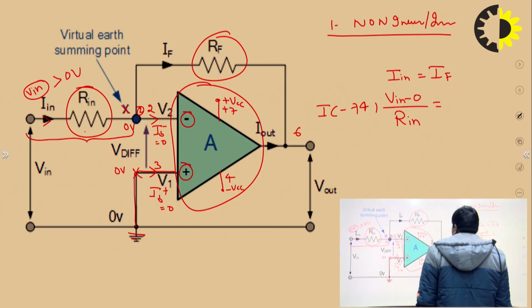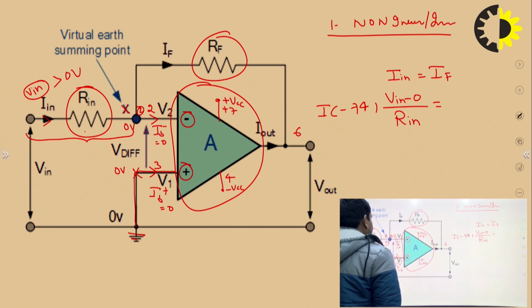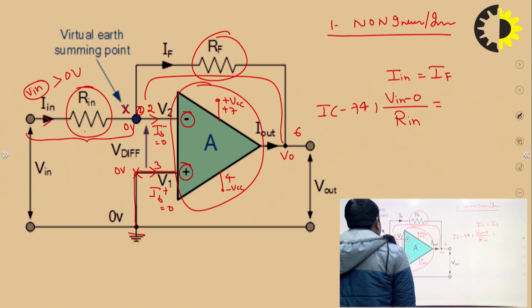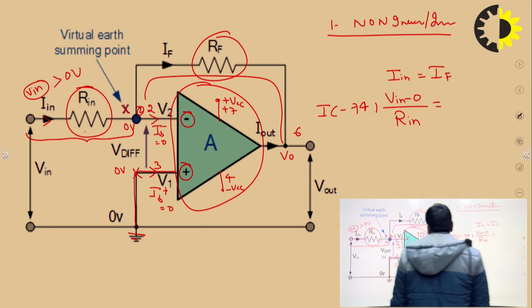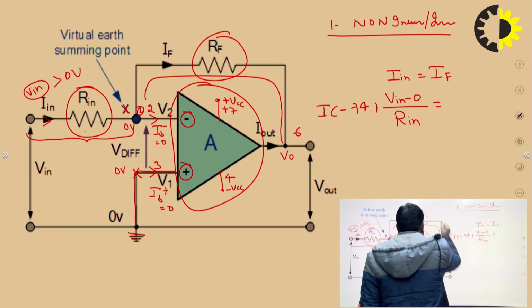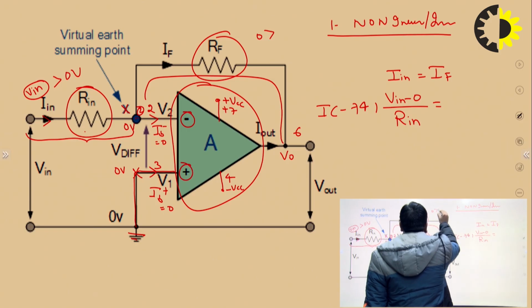What is IF? IF is the current flowing in the feedback loop. This is the feedback loop, and this is the output V out. What is the potential difference? We have chosen the current direction from this node to the output voltage, so this 0 volt is greater than V output.